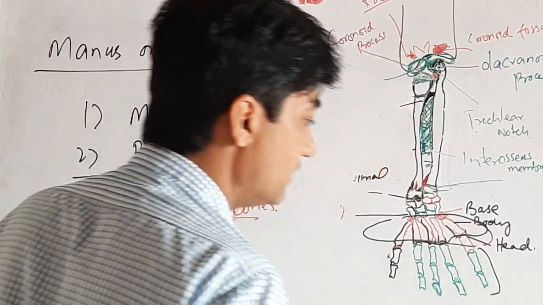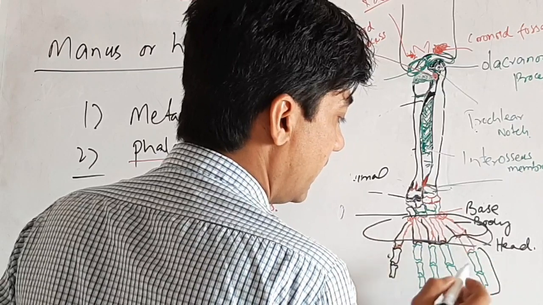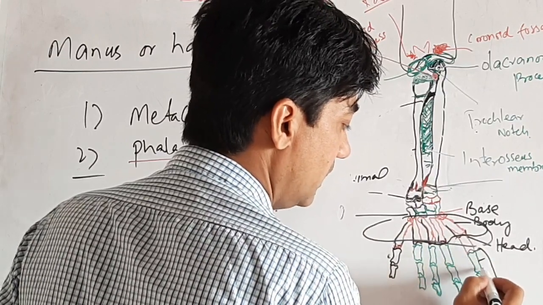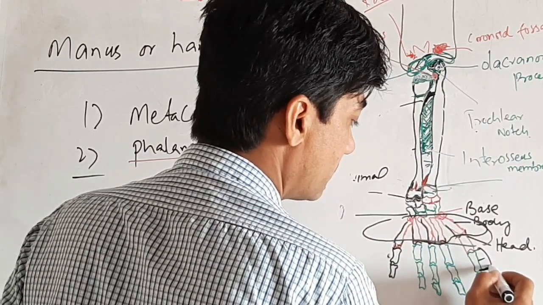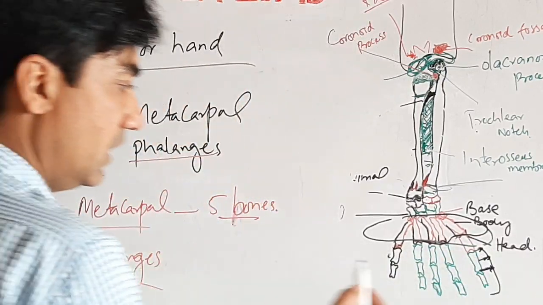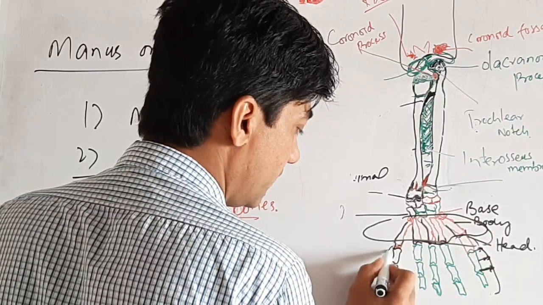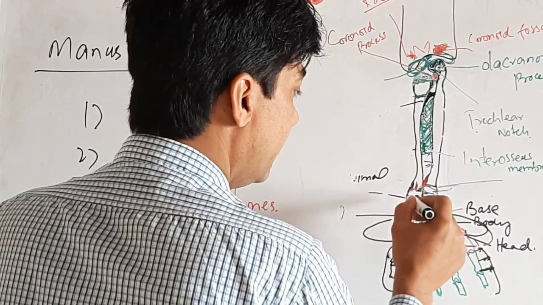The structure of phalanges and metacarpals is the same. Here is the base, body and head. These are 14 in number, 3 in each finger and 2 in the thumb. Here is the wrist joint.